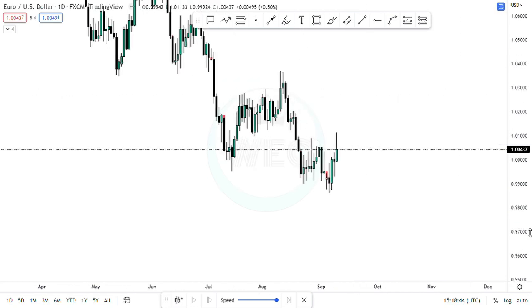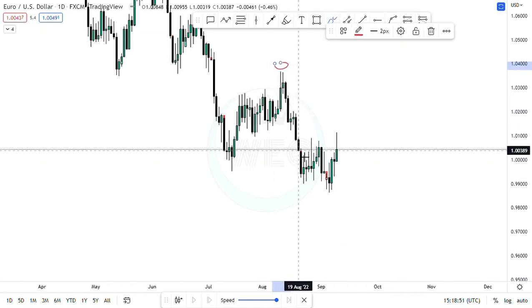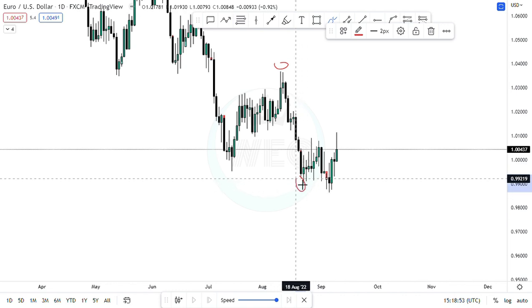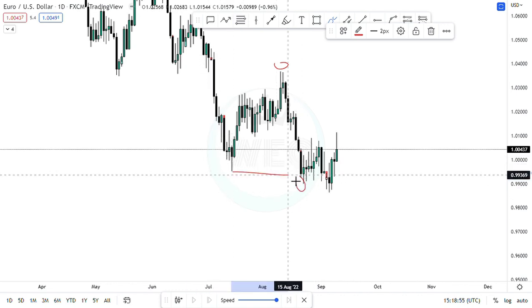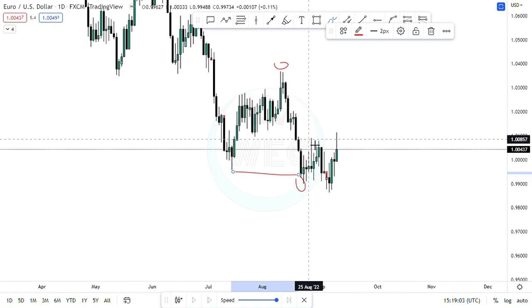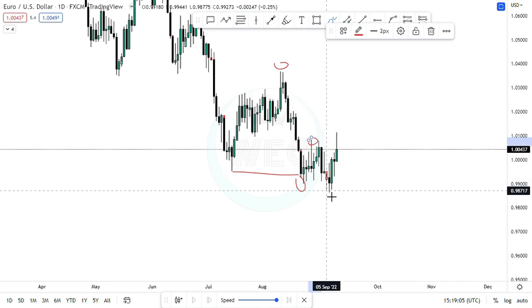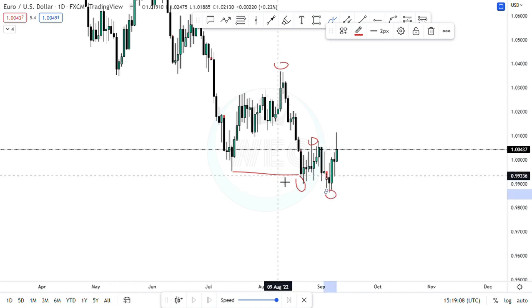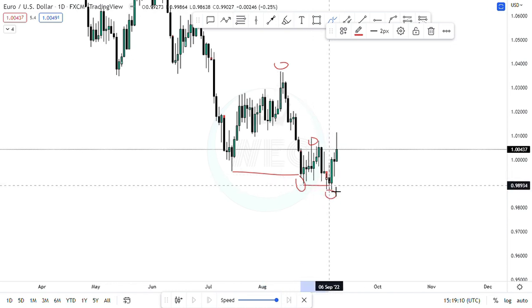So on the daily, all the way from last week, we had this high that created this low, taking out this previous low of the daily structure. After this break of structure, we went ahead to see this high that also created this low and took out this low.